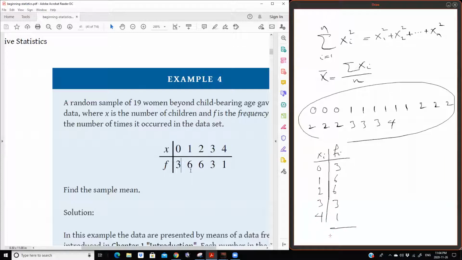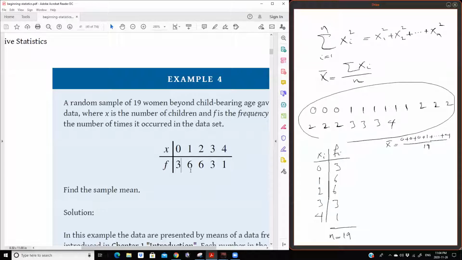The sample size n is 3 plus 6, 9, plus 6, 15, plus 3, 18, plus 1, 19. So there are 19 pieces of data. Rather than computing x bar as 0 plus 0 plus 0 plus 1 all the way to plus 4, divided by 19, I can do something else.